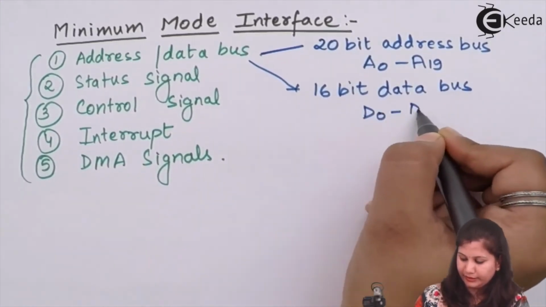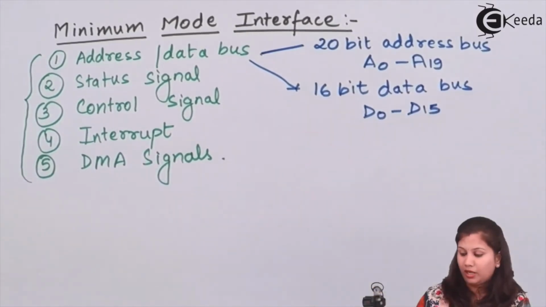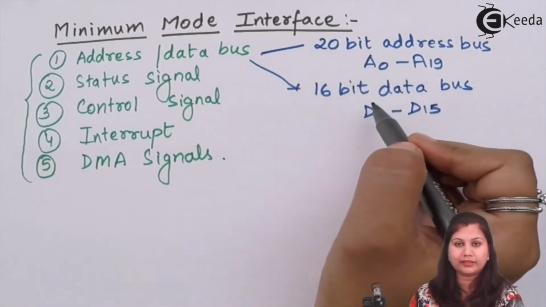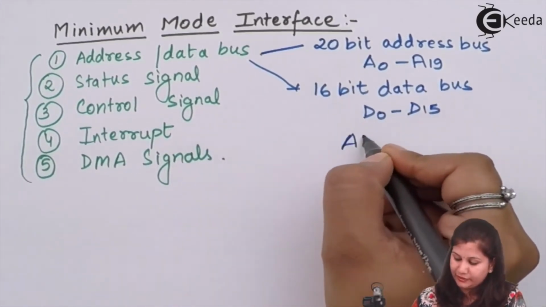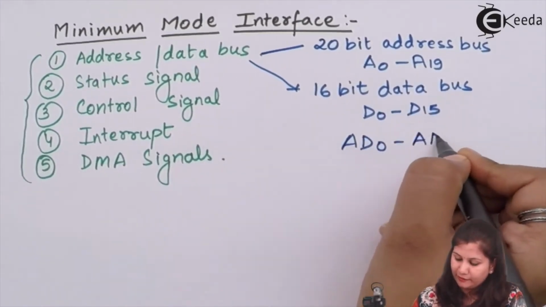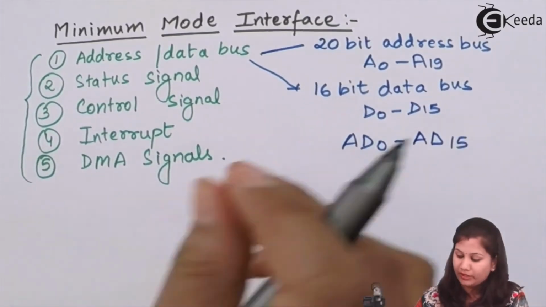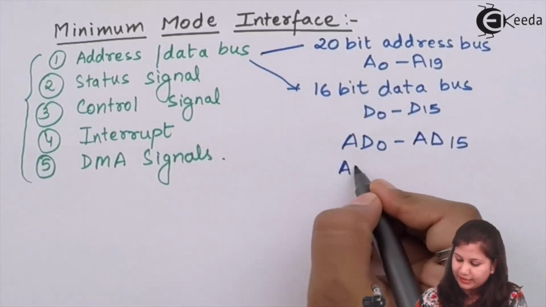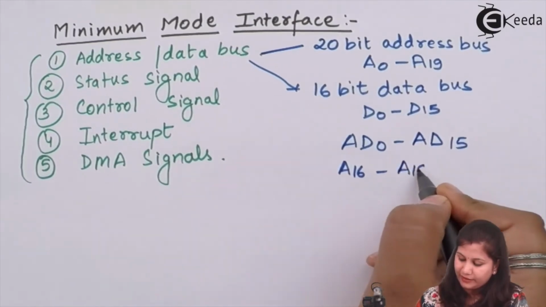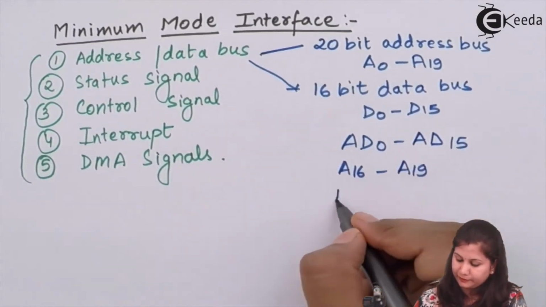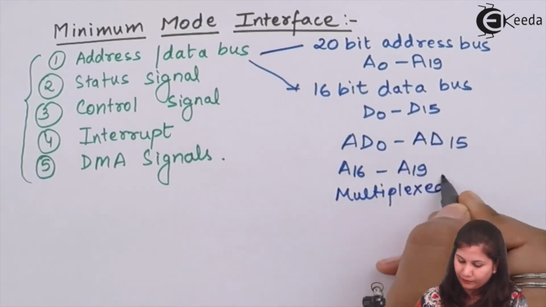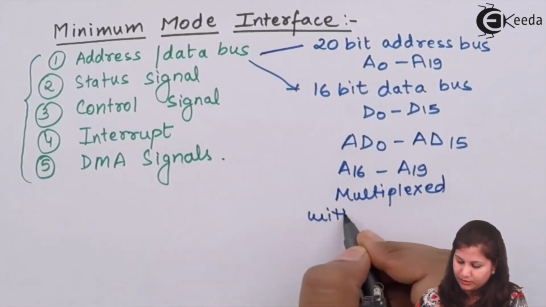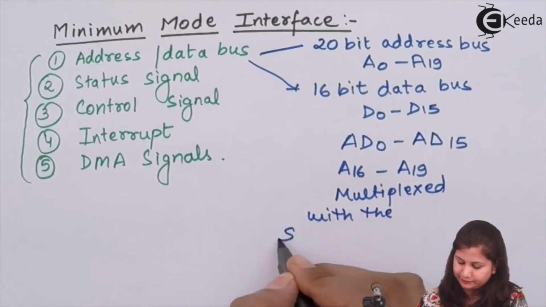D0 to D15. Now this address and the data bus are multiplexed with each other. So we have AD0 to AD15. And the rest of the address lines, that is A16 to A19, are multiplexed with the status signals.